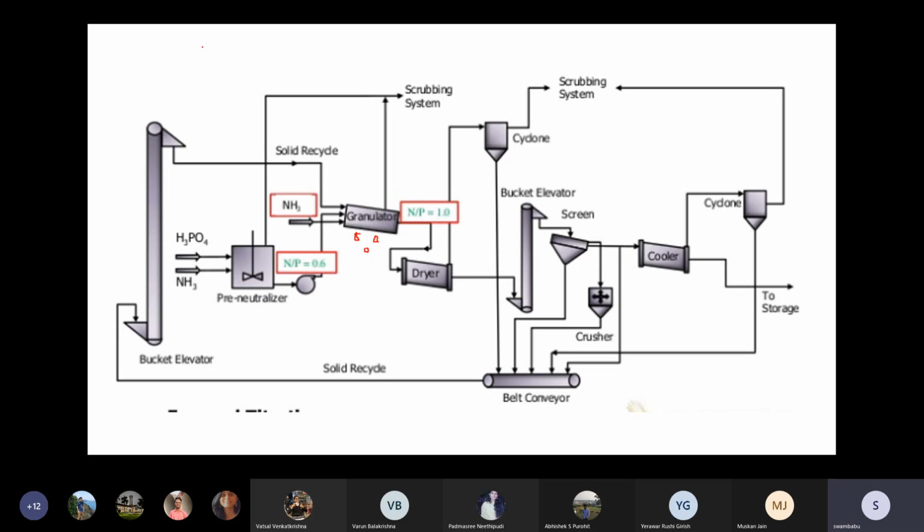Anyone remember? In the urea production process, to produce urea granules, we use one unit operation. Anyone remember what that unit operation is?